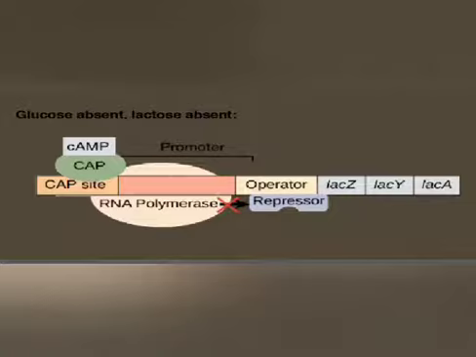But the binding of the repressor protein to the operator site prevents RNA polymerase from binding to the promoter site, and therefore transcription will not occur.